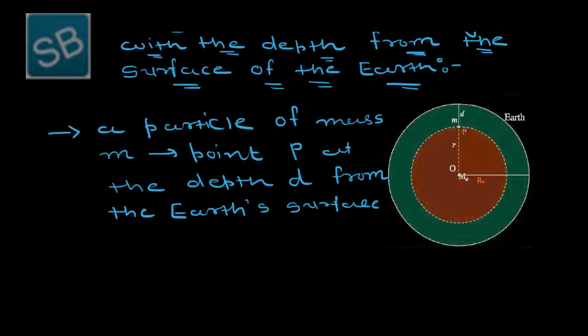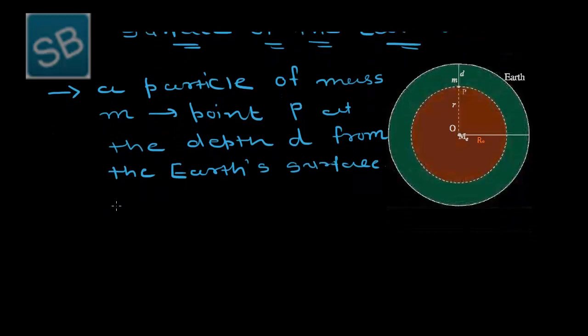And so here for this particle the distance what we have to consider is re minus d from the center of the earth. And here the concept of the small sphere and large sphere will come. And here we have to find out the gravitational force on this particle.